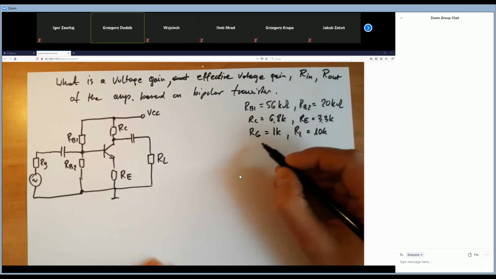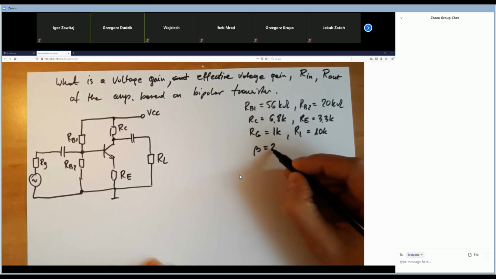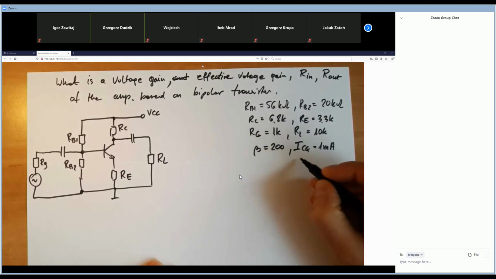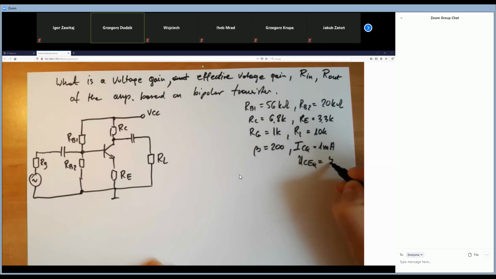The beta for the transistor is 200. And ICQ is given. This is 1 milliamp. And the UCEQ is 5 volts.